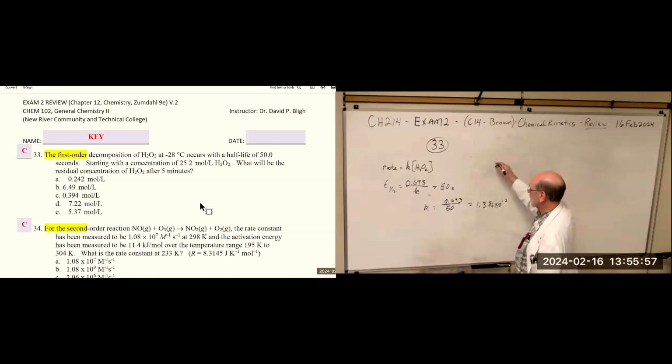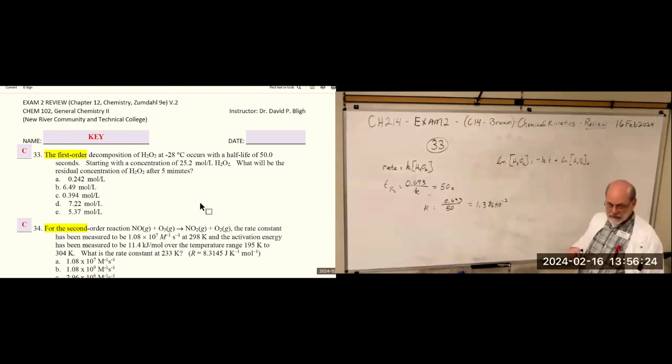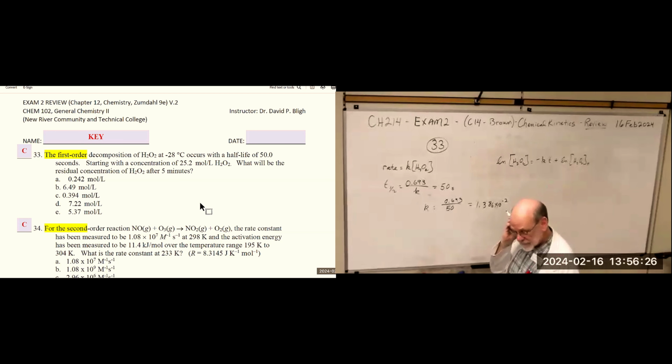So the integrated law, first order, is the natural log of H2O2 is equal to minus kt plus the natural log of H2O2 at 0, the initial value.